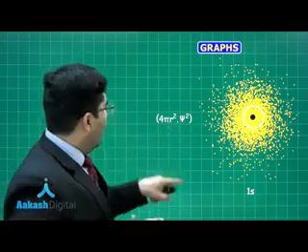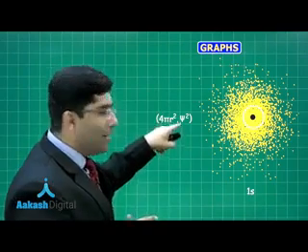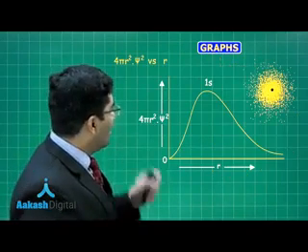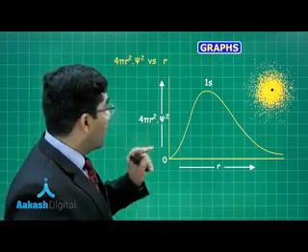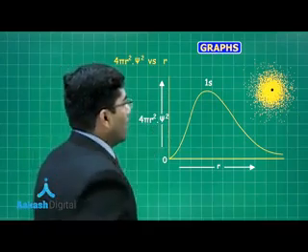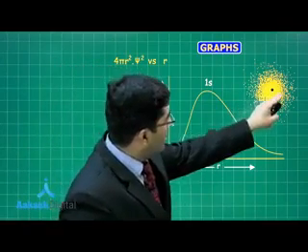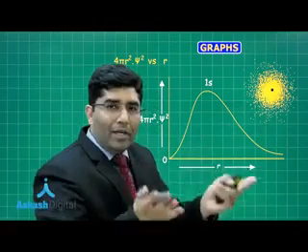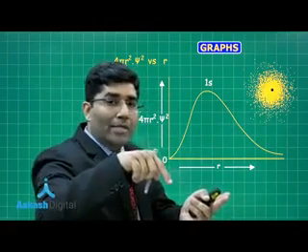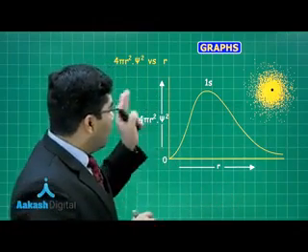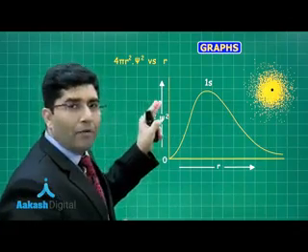But if one is increasing and one is decreasing, we will get a graph like this. So for 1s, if we go far away from the nucleus, the shell will increase, xi square will decrease. Therefore, we are getting this type of graph.